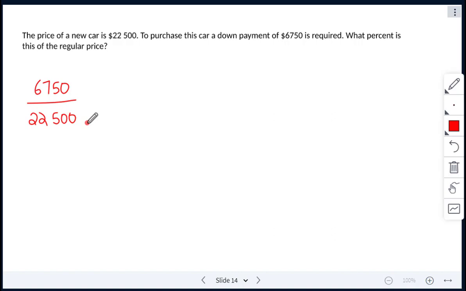So put that into the calculator. And then multiply it by 100 to put it into percent, and we get our 30%. All right, so a 30% down payment is required.